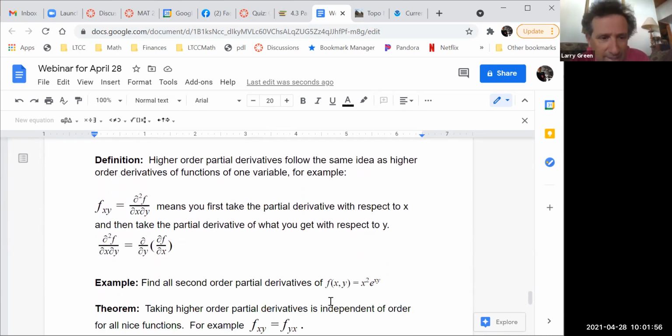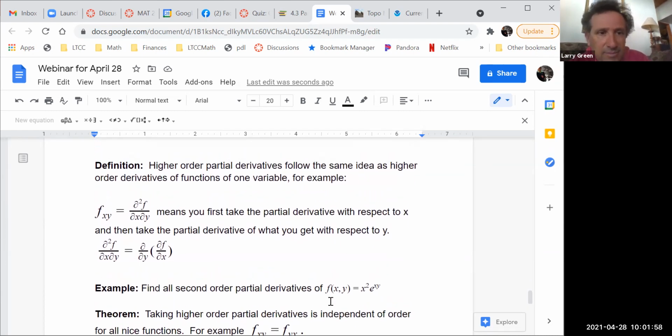Okay, quick definition: higher order partial derivatives follow the same idea as higher order derivatives. So if you write f xy, that's del squared f over del x del y, and that just means take the partial with respect to x, and then take the partial derivative of what you get with respect to y.